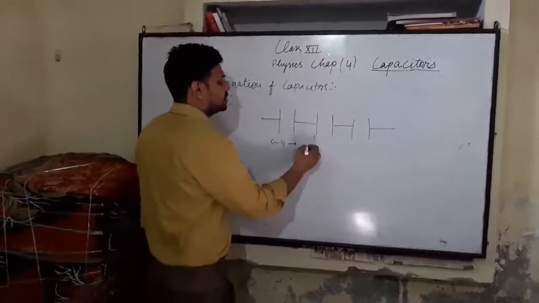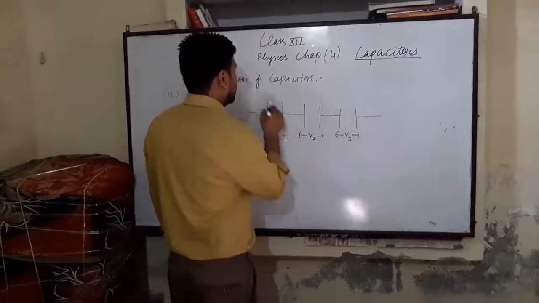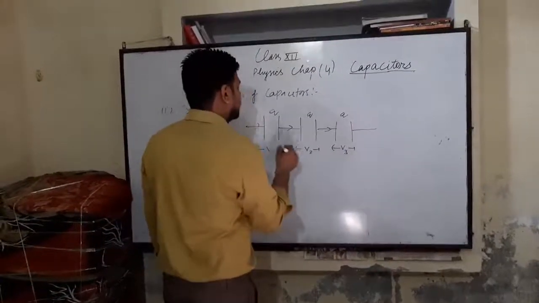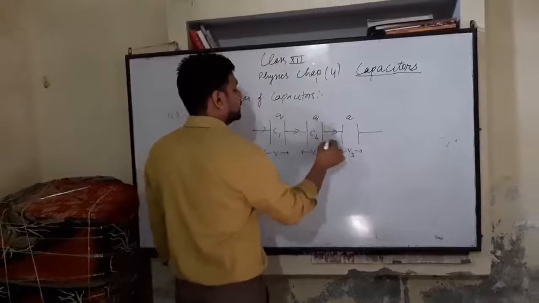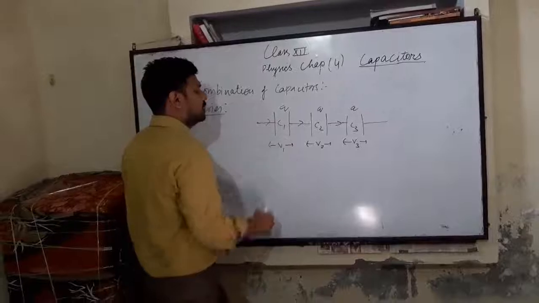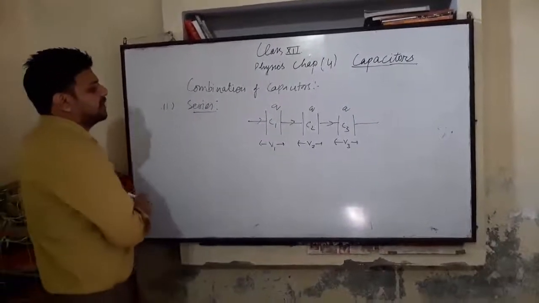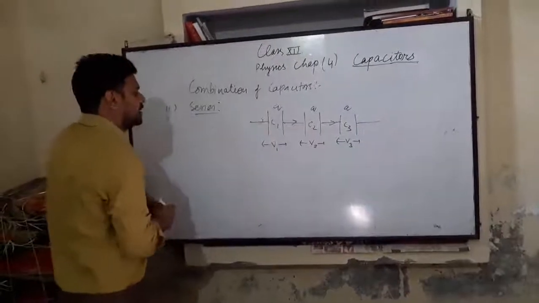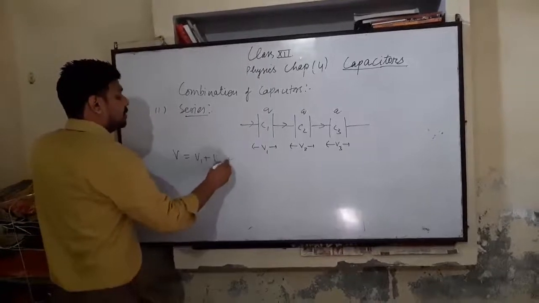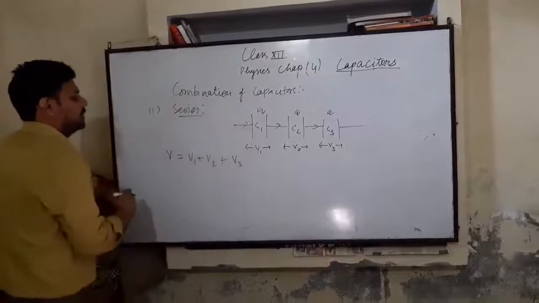There is a potential difference between the plates, and the charge will be the same. These are capacitances C1, C2 and C3. The total potential difference across the terminals of this circuit will be the algebraic sum of the potential differences between the plates of all the capacitors.